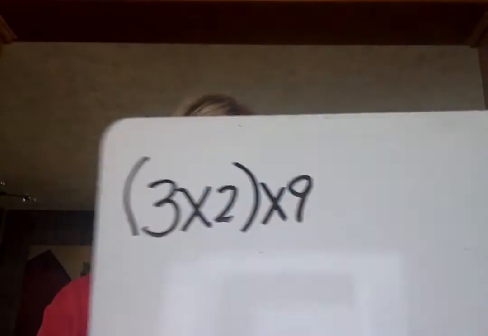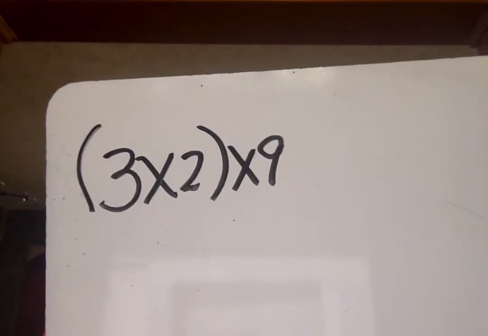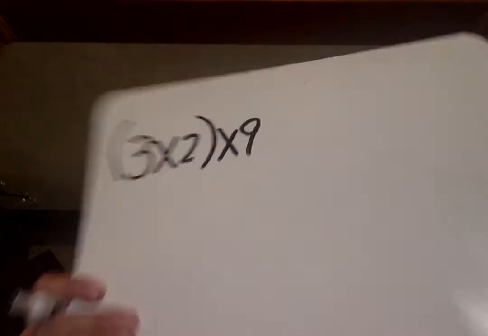Let's do one more. We're going to do in parentheses (3 times 2) times 9. And now we're going to do 3 times (2 times 9).